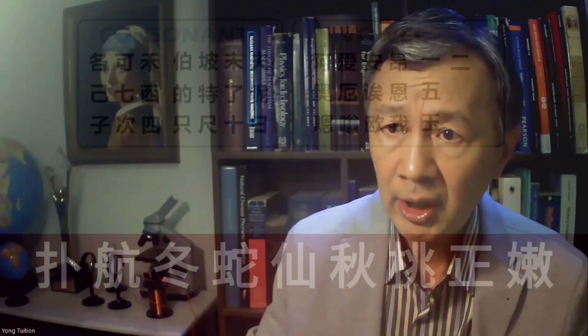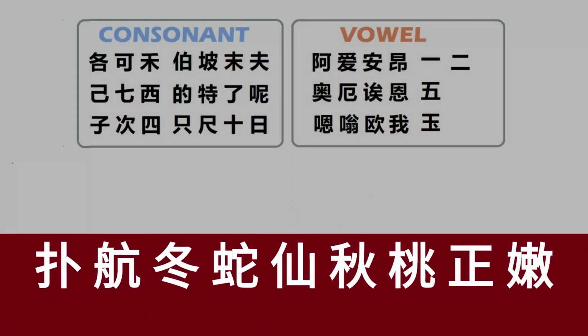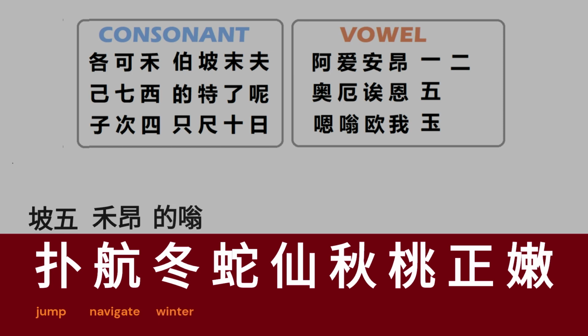Then let's work out a pair of the Chinese phonetical characters for each of the CV syllables in these lyrics. Pu, jump on, is po wu. Hang, navigate, is he ang. Dong, winter, is de ong. Se, snake, is shi e.